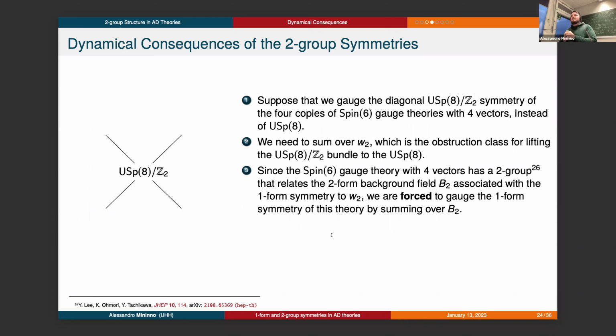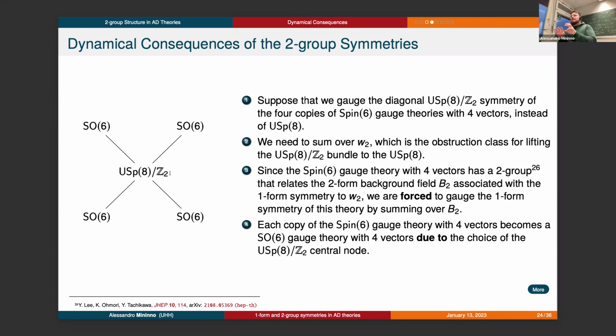This is a different story, because now, since there is a two-group structure, we need to sum over all the Stiefel-Whitney classes W2, which is the obstruction class for lifting this USp8 mod Z2 bundle to a USp8 bundle. Because you need to sum over this W2, and the original spin 6 theory has a two-group structure relating this W2 to the background field B2 of the one-form symmetry, you are not only gauging this object here, but you must also gauge the one-form symmetry of this theory by summing over all B2.